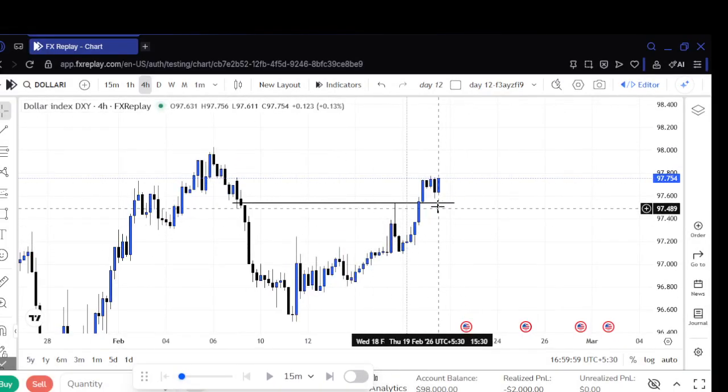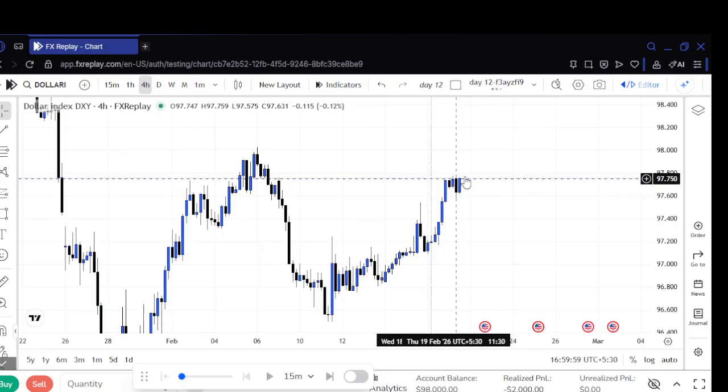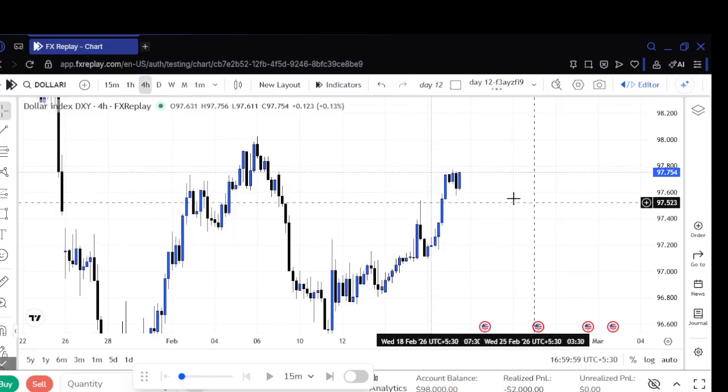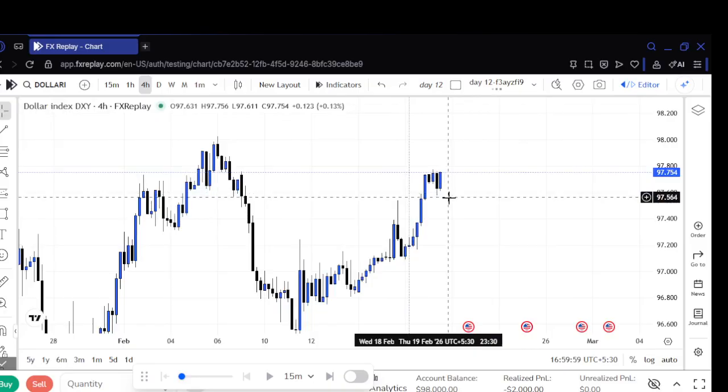Okay, let's go for the 4 hour DXY. What's happened? High. It's taking the liquidity and it might come down. We come for the lower low.